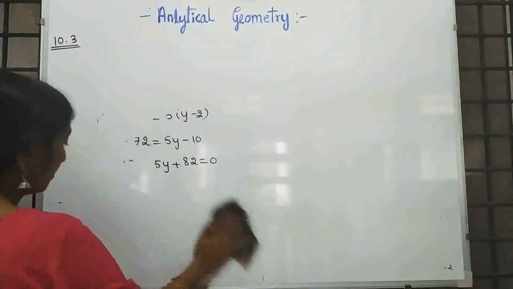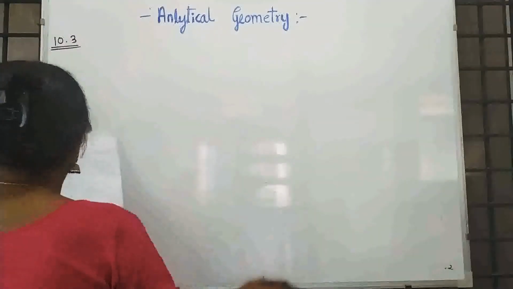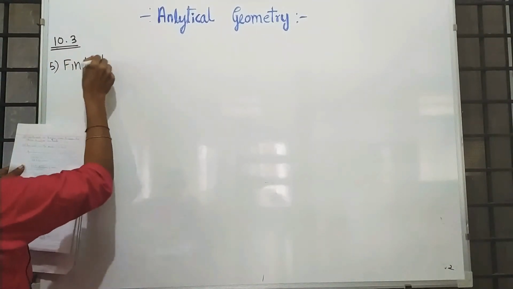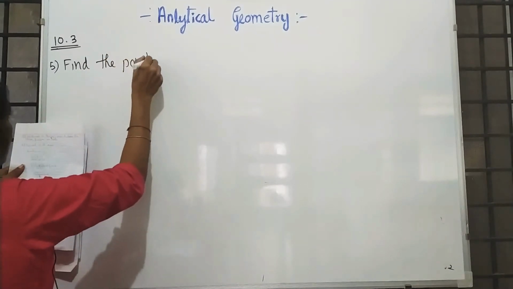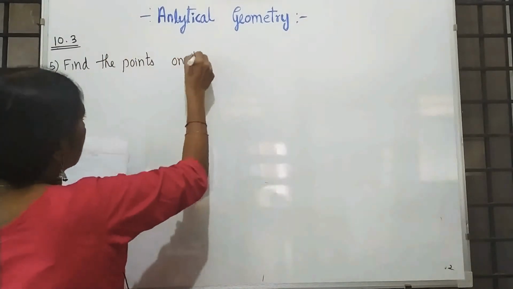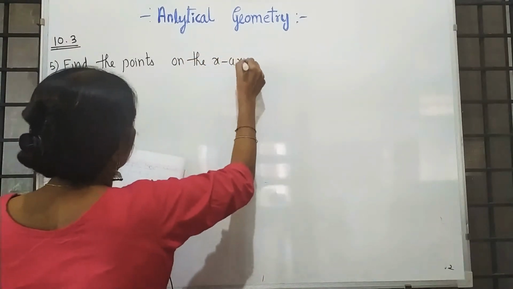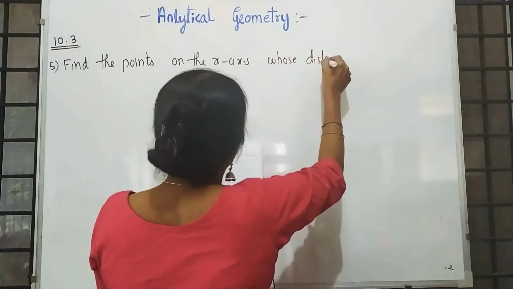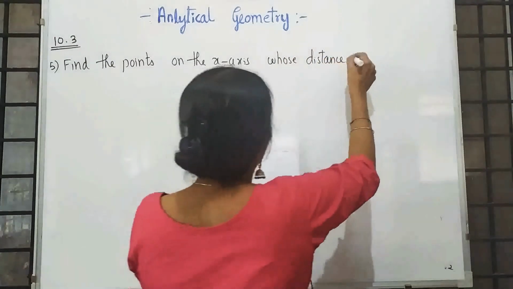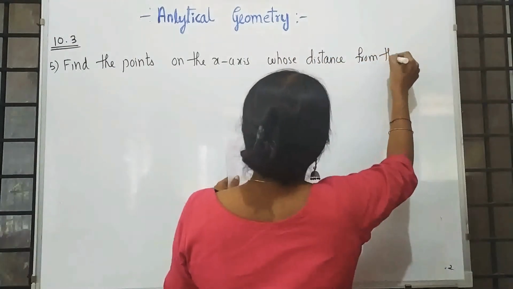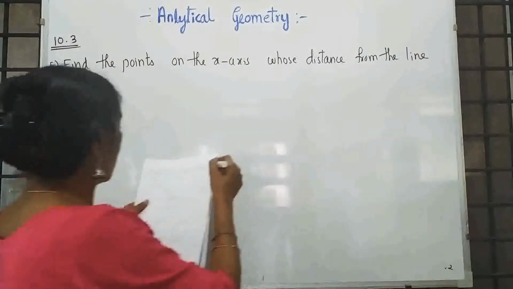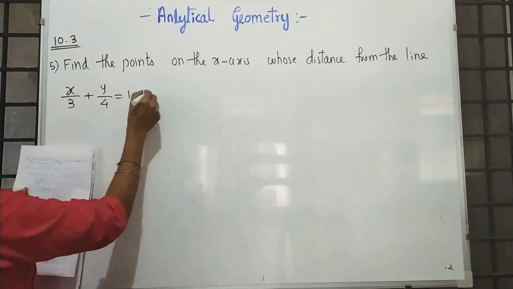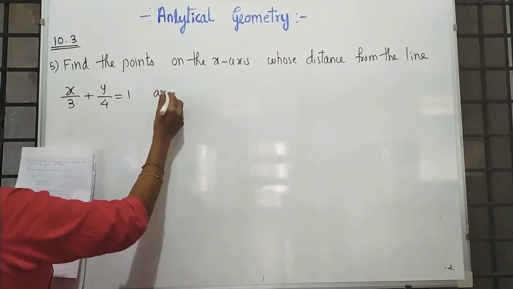In exercise 10.3, find the points on the x-axis whose distance from the line x upon 3 plus y upon 4 is equal to 1 is 4 units.